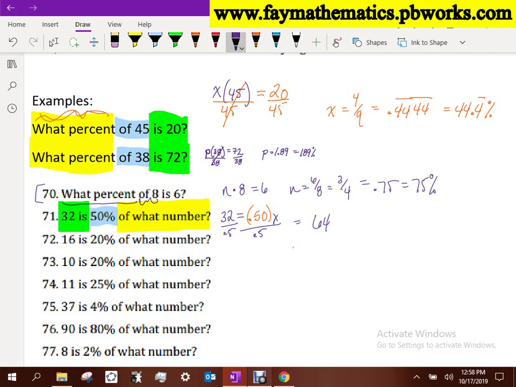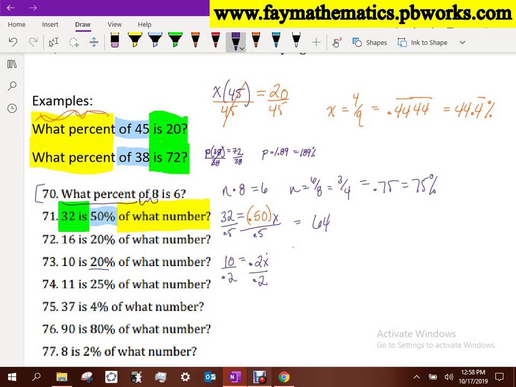Okay? So, let's do number 73 here. 10 is, so what does 10 is look like? 10 equals 20%. So 0.2, right? 20%, 0.2 of, what's of mean? Multiply. It says what number? What's my number? X. So now what do we do?